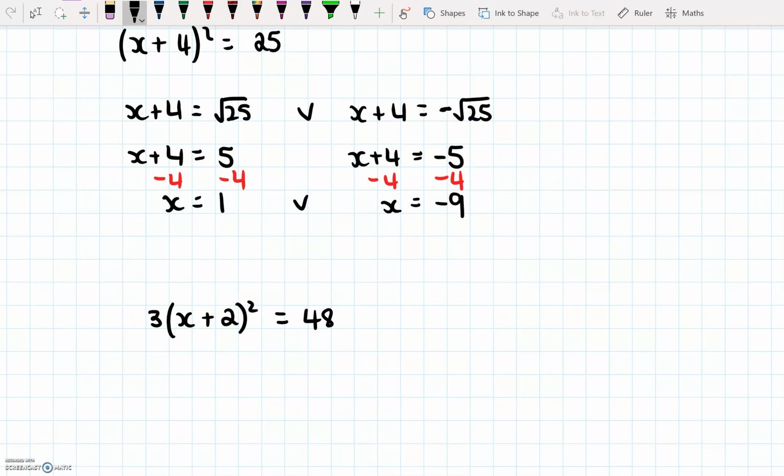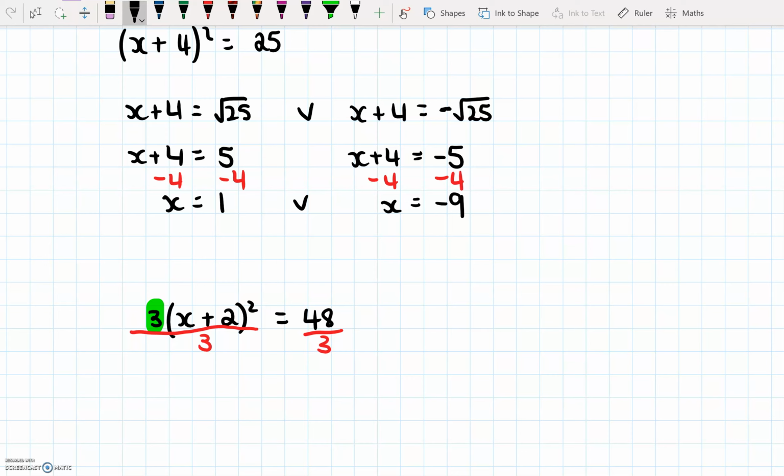So if you have a situation like this, we have this number out the front of the brackets that we need to deal with first. So we don't just take the square root, because if you take the square root, you also have to consider that 3. So the first thing we're going to do here is divide everything by 3.